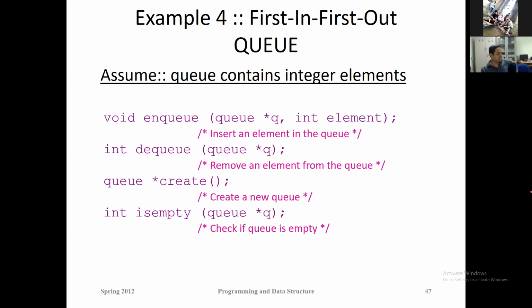You have to declare the size of the array at the beginning. So before inserting any new element, you have to check whether your queue is filled up or not, that is, whether there is space to insert a new element. Then only you can insert a new element.